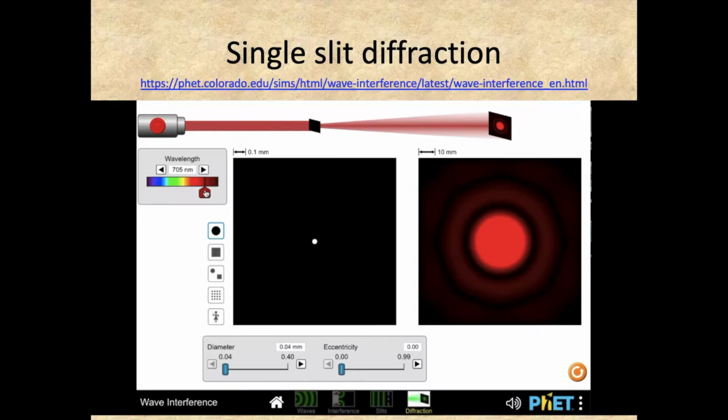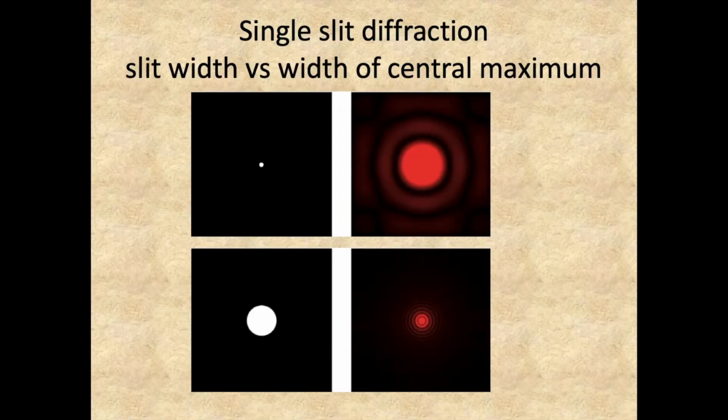So we observed two things. The size of the slit affected the size of the central bright region inversely proportionally, and the wavelength affected the size of the central bright region directly proportionally. This is to summarize what we just saw.